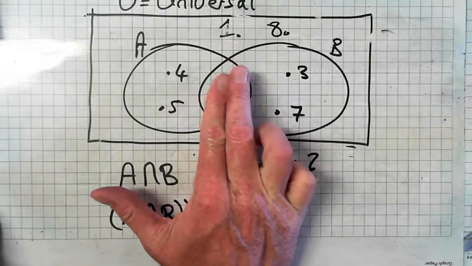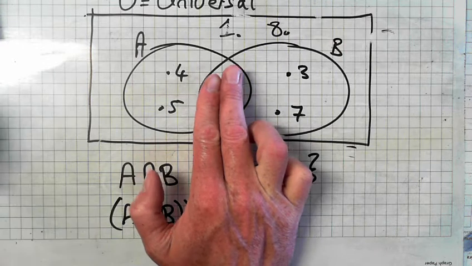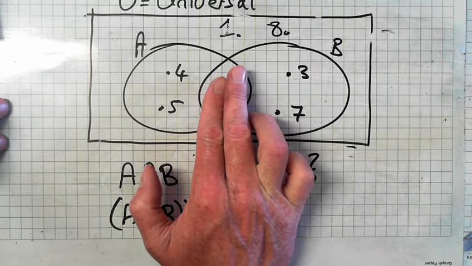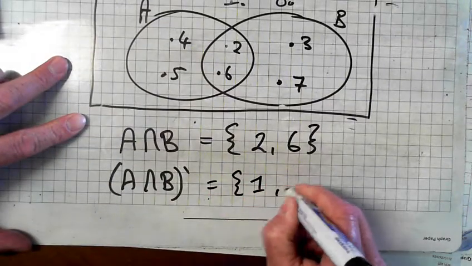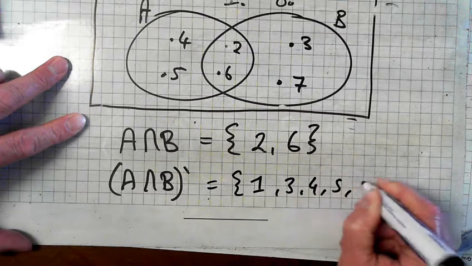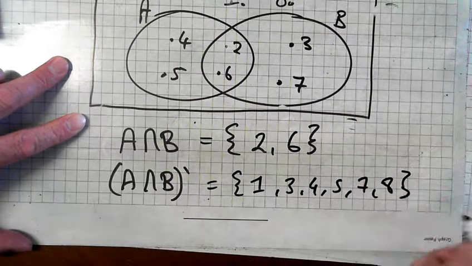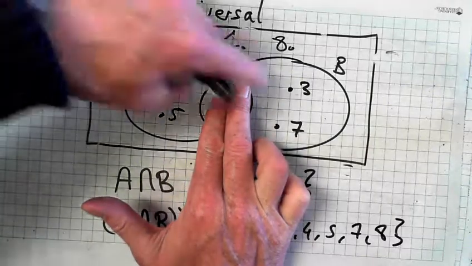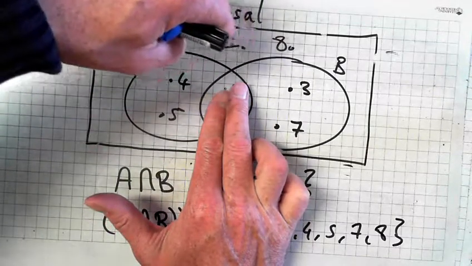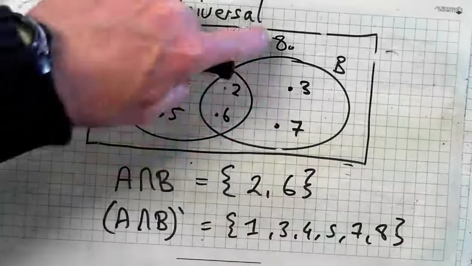What's everything outside of 2 and 6? 1, 3, 4, 5, 7 and 8. Okay, so everything outside of that.